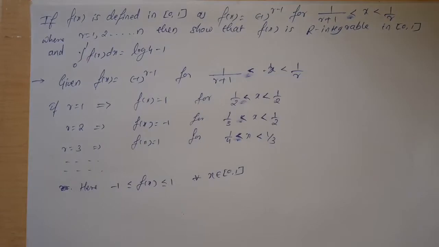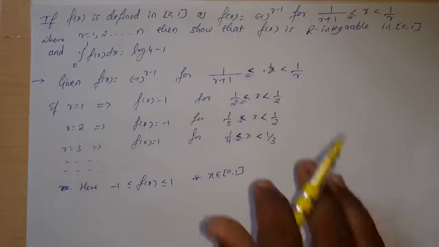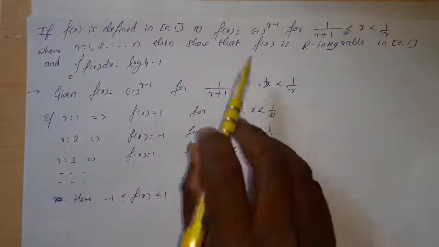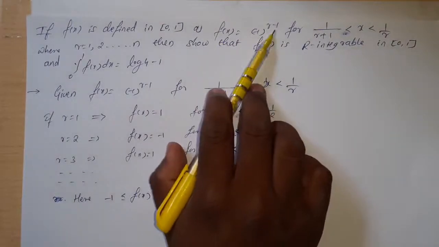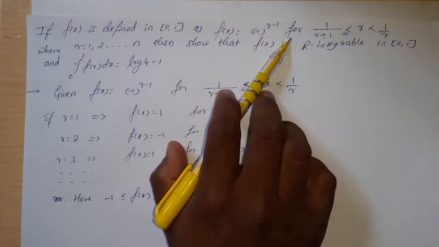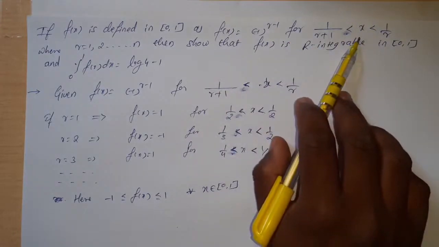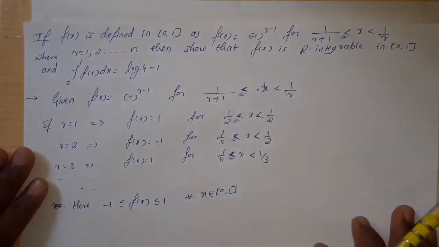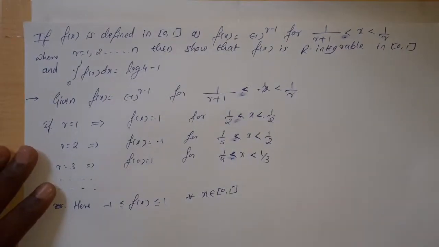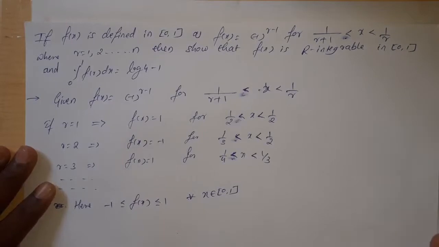So here it is the definition of the function, that f of x equal to (minus 1) whole power r minus 1 for here. So this is the domain for the function f of x. Domain means the values of x from where we need to substitute in the function.